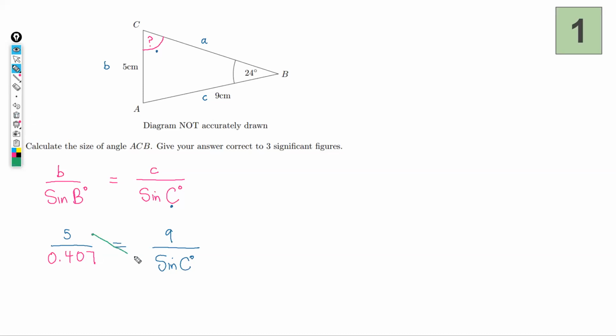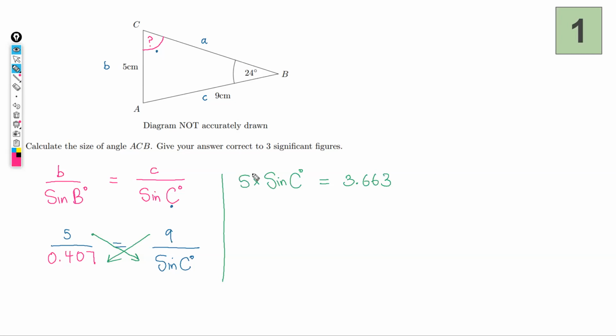We could probably cross multiply this diagonal first. 5 multiplied by sine C is equal to 9 multiplied by 0.407, and I'm getting roughly 3.663.